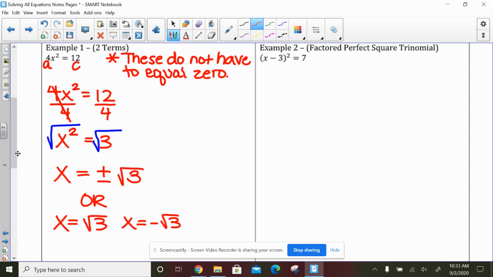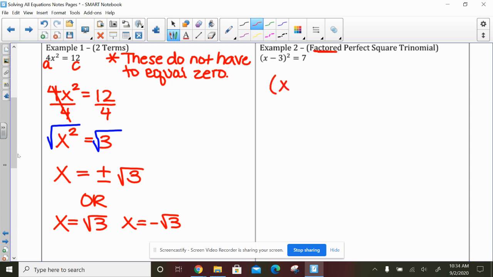Okay, so let's take a look at example 2. All right, this time, if you multiplied everything out, the x minus 3 squared, you would get a value that does have a b. But because it's written in factored form, we have a factored perfect square trinomial. I can solve by taking the square root.